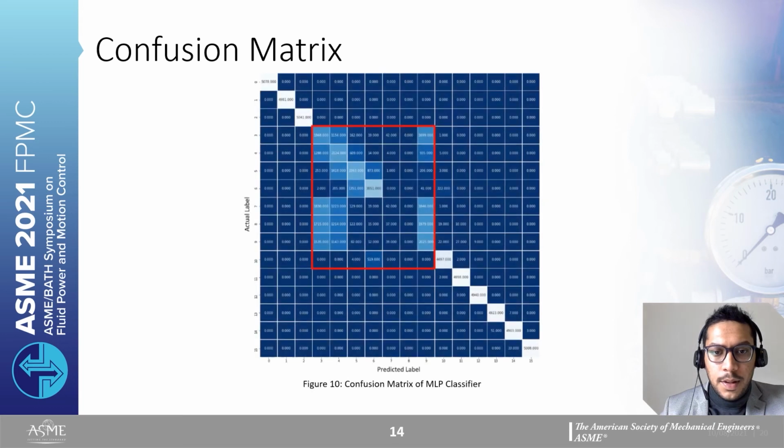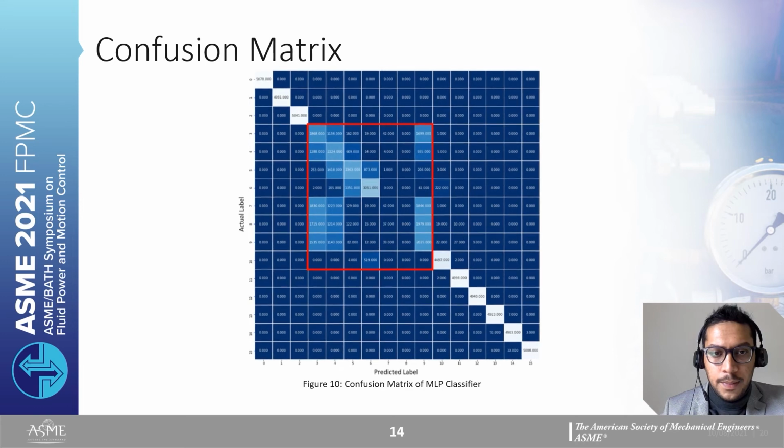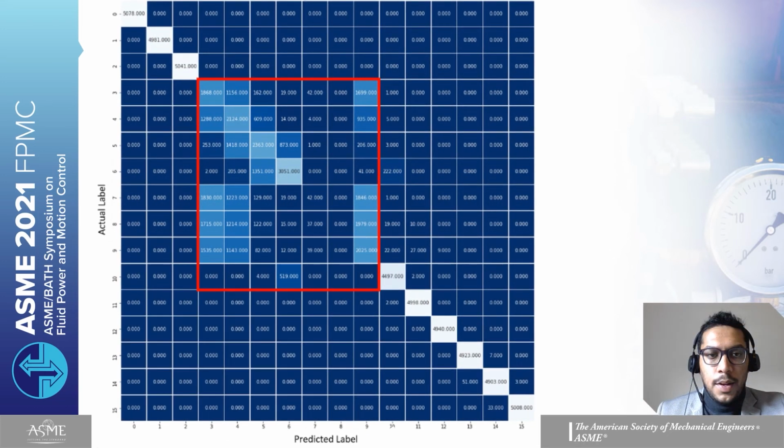The confusion matrix for the multi-layer perceptron classifier is shown here. We can follow the green box. Diagonally, we are supposed to have white boxes throughout the confusion matrix. However, we can observe this red rectangular area that does not have these white colored boxes.